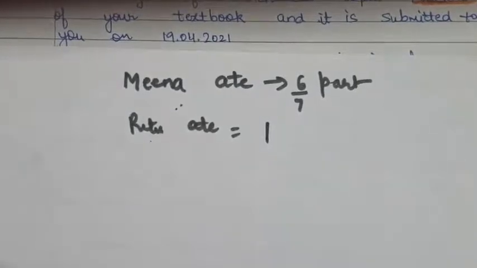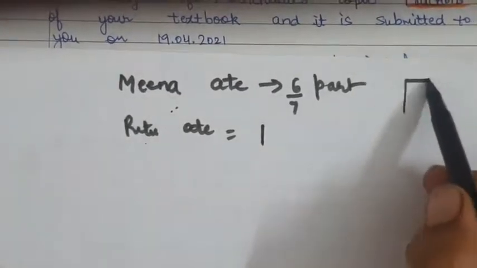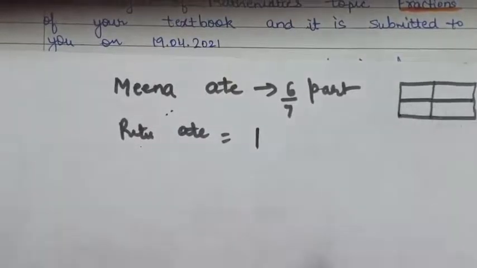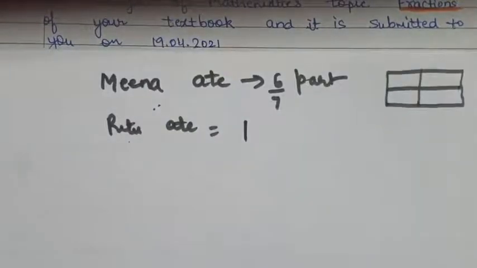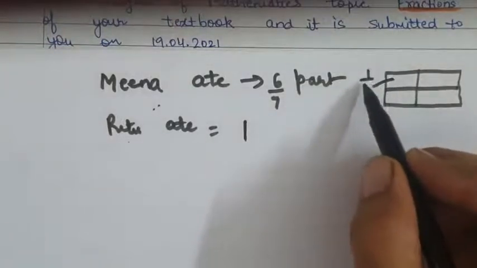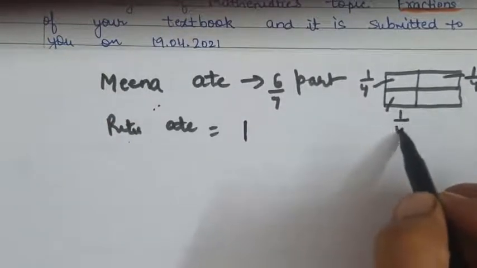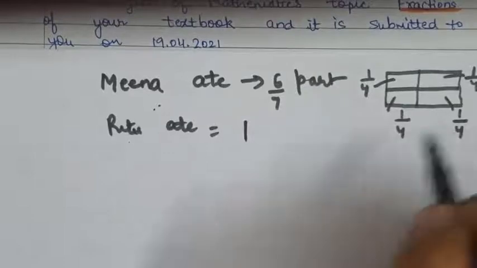Because on the whole, let us take an example. Suppose you have a rectangle and you have divided it into 4 parts. So each part has fraction 1/4, 1/4, 1/4 and 1/4.